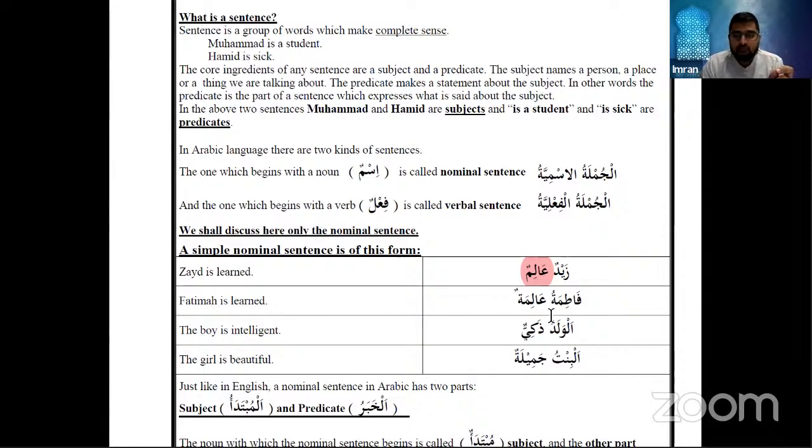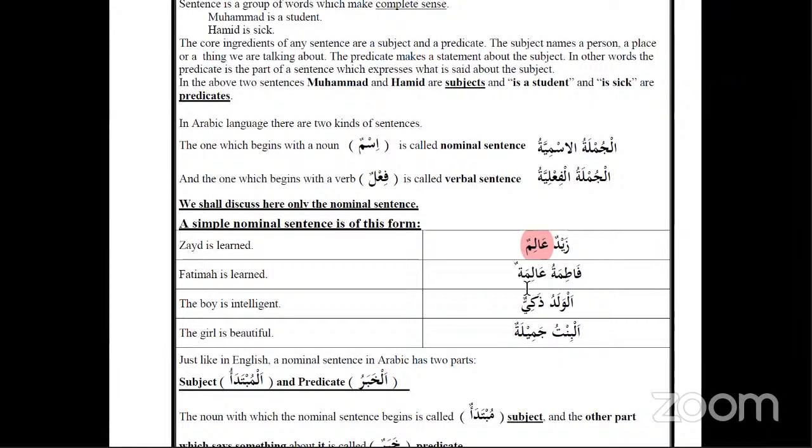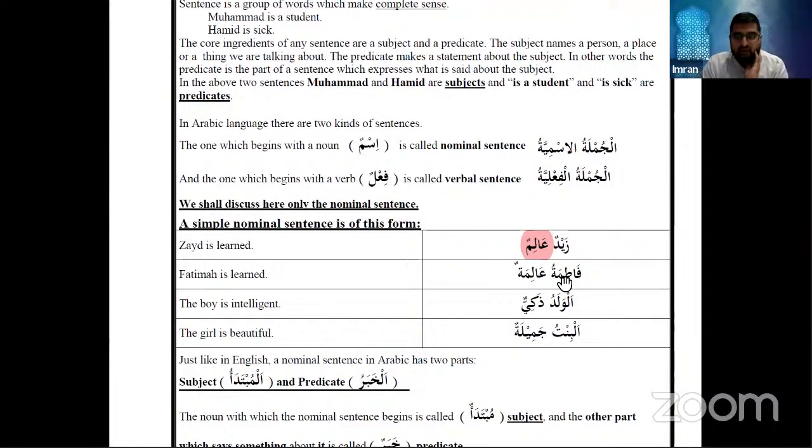There is no particle in the Arabic language which represents "is." So there is an unspoken "is" between the two words. And the word alimatun, in Fatimatu alimatun, is getting a dhamma tanween.